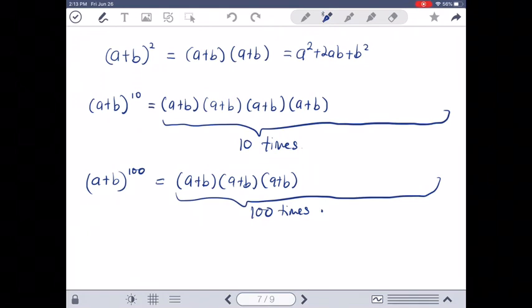You do not have to do it manually, because if you do it manually, it's going to take the whole exam time, probably your whole life. So we have this formula in order to expand this. The formula is known as the binomial theorem. After this, we are going to look at what the binomial theorem says.